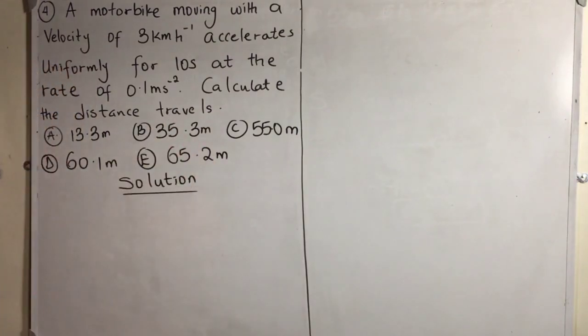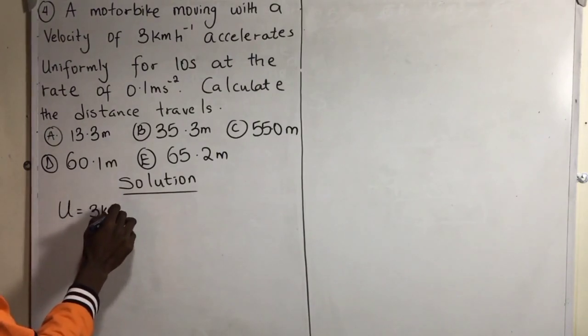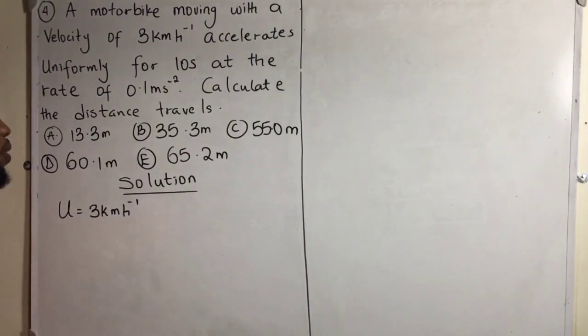In this type of question, a motorbike moving with a velocity of 3 km per hour, it is wrong to use it as the final velocity. So we have our initial velocity to be 3 km per hour.